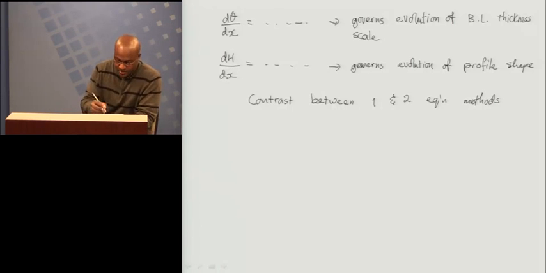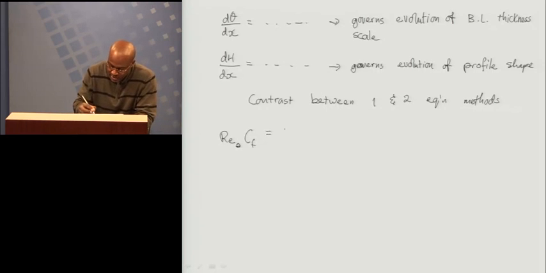With the one equation methods, we looked at the Reynolds number based on theta times the skin friction coefficient as a function of theta, UE and our pressure gradient term.